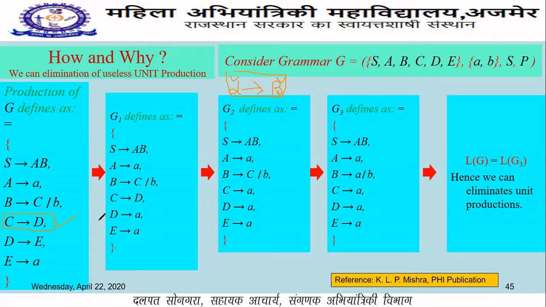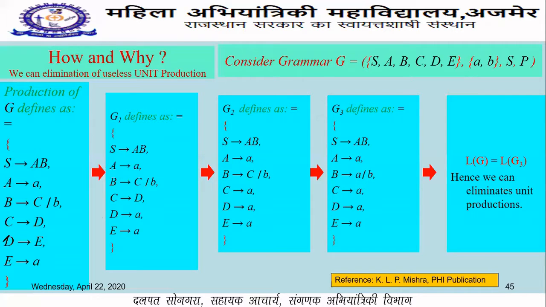So here we discuss how we eliminate the unit production. Look at the unit production D tends to E in a context-free grammar G, where G is described by the set of variables, set of terminals, S the starting variable, and P the set of productions given like this.